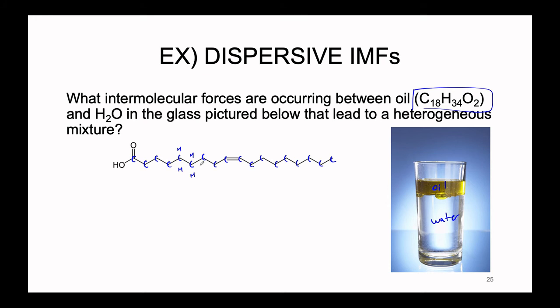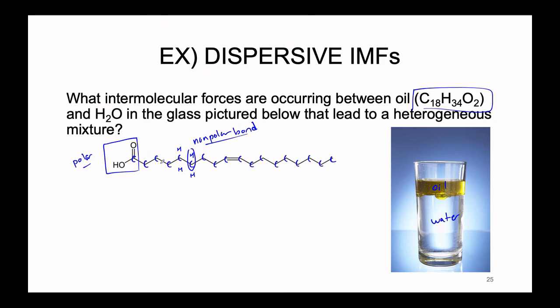Now, carbon to hydrogen, as we have already talked about, is a non-polar bond. So within this oil molecule, we have a polar section where this one carbon bonded to oxygen, or this carbon bonded to oxygen, is going to result in a polar section.